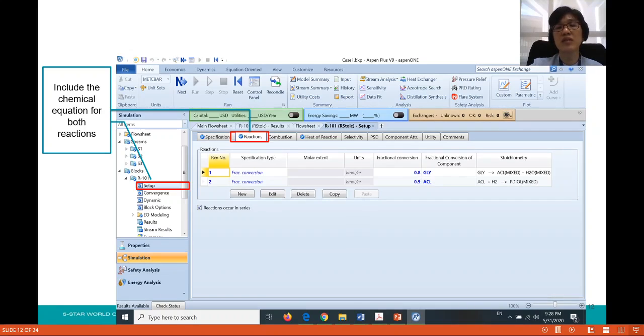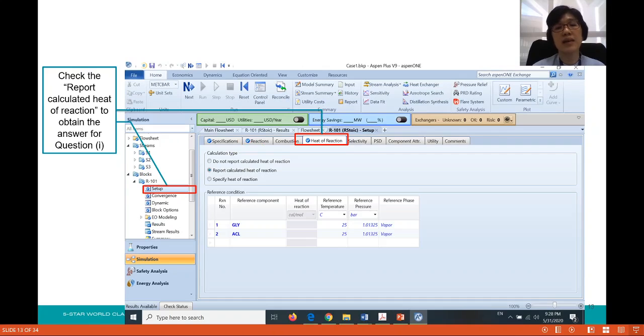This is the stoichiometry. Make sure the stoichiometric number for each component is correct. That means 1 mole of glycerol produces 1 mole of acetol and 1 mole of water. To create a new chemical equation, just click new and put in the components and stoichiometric coefficients accordingly.